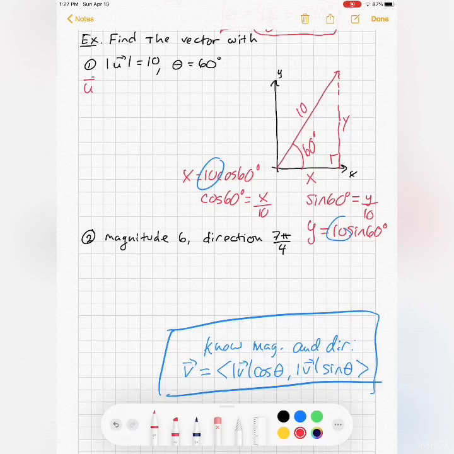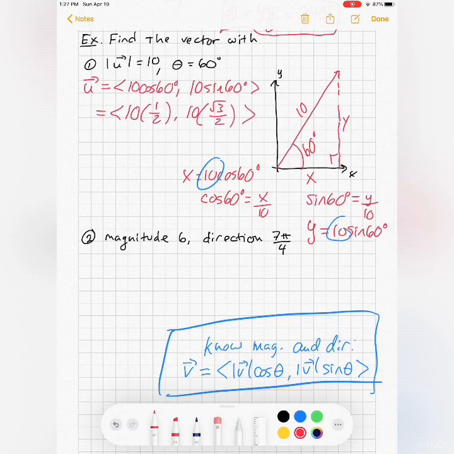So back up here, the vector u then was just what? It's going to be 10 cosine 60 degrees, 10 sine 60 degrees. And then since 60 degrees is a special angle, of course, I'm going to go ahead and evaluate. See if I can simplify.